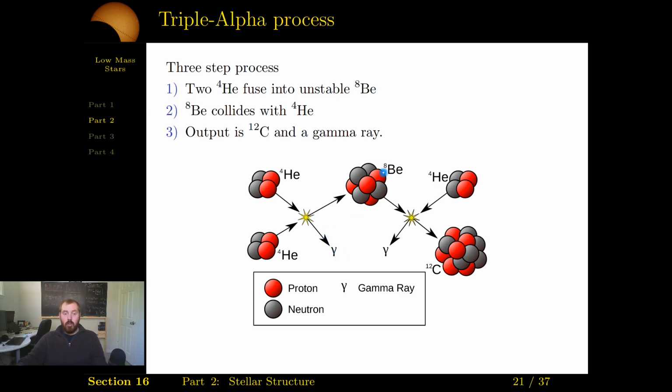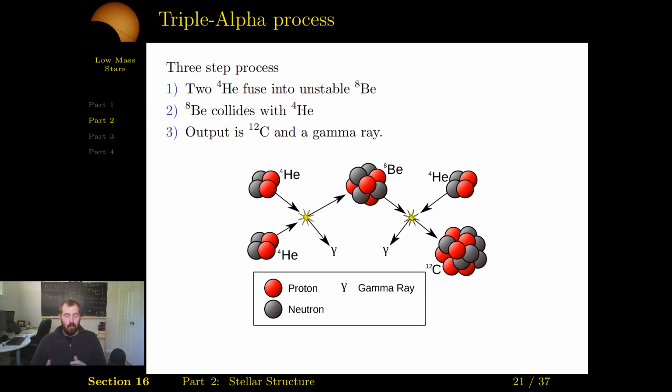And they'll form into beryllium. This beryllium left to itself will not be very stable. But in the short lifespan of this beryllium atom, if it collides with another helium atom, and there are a ton of helium atoms just floating around in that core, boom, another photon comes up, that's energy to fuel the star, keep its life going, and output a carbon atom.